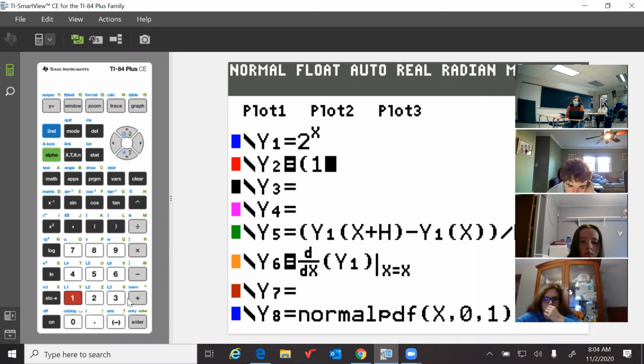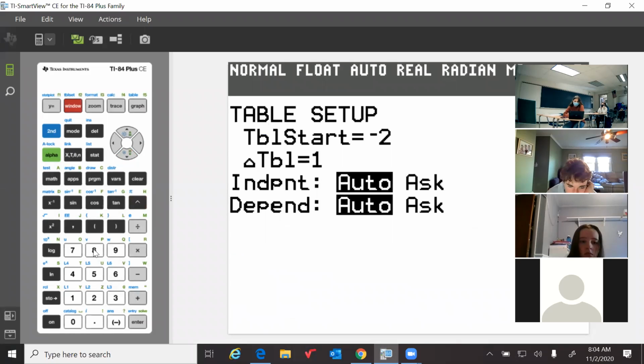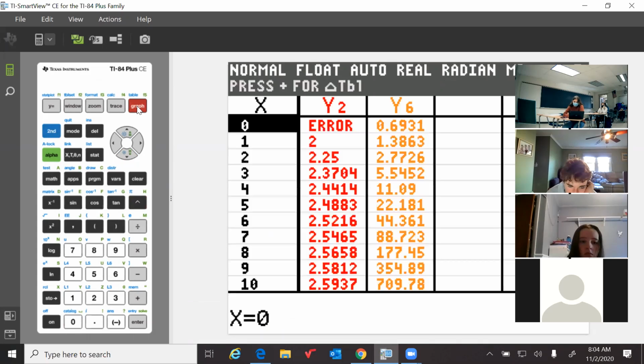I have 1 plus, in the function mode, 1 divided by x, caret x. All right, so I have y6 on the table.